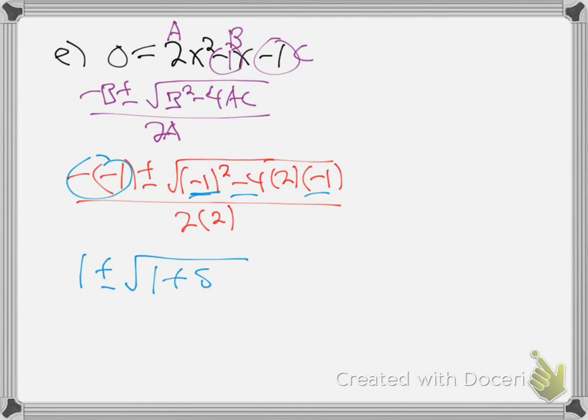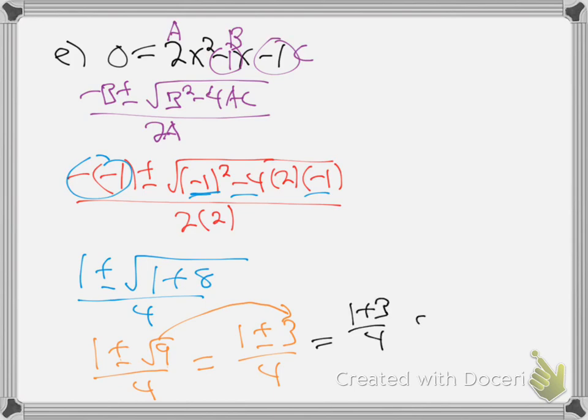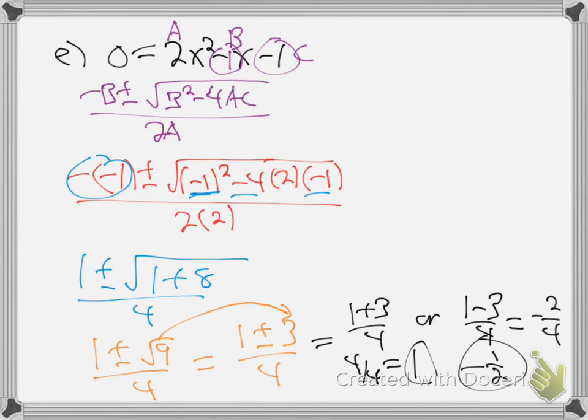Minus and minus is plus 8 over 4. And this equals 1 plus or minus the root of 9 over 4. That equals 1 plus or minus 3, right? Because root of 9 is 3. And so it's 1 plus 3 over 4 or 1 minus 3 over 4. That's 4 over 4 or 1. This is minus 2 over 4 or minus a half. Those are my two x answers.